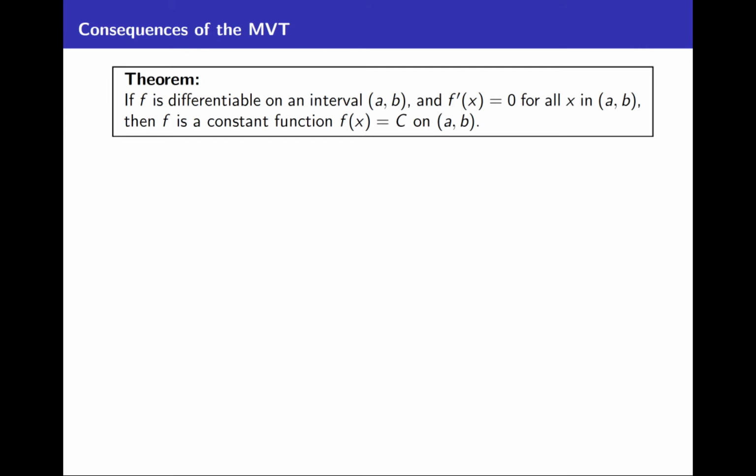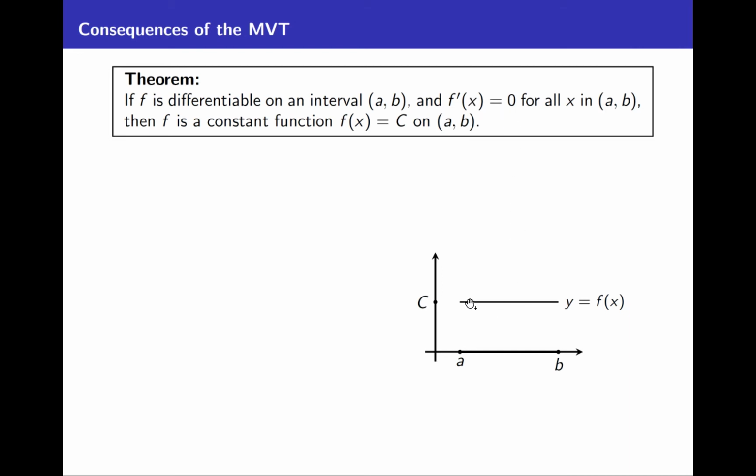It's saying that if the derivative of a function is 0, then that function has to be a constant, which you probably believed anyway. It really comes into focus when you look at a picture of this situation. Imagine a function y equals f of x defined on the interval from a to b with the property that no matter how you pick x between a and b, the derivative is 0.